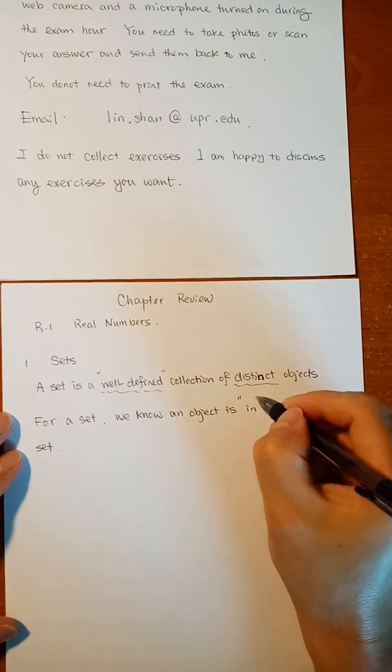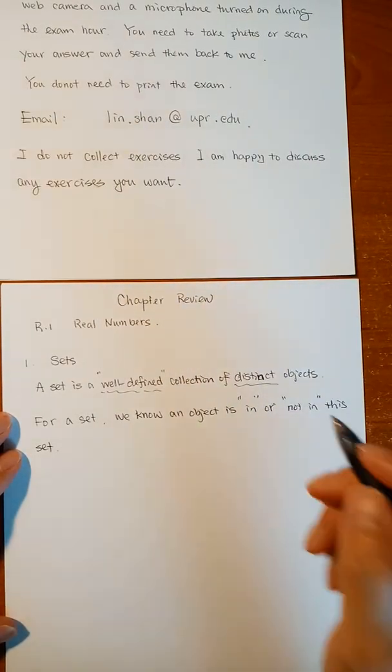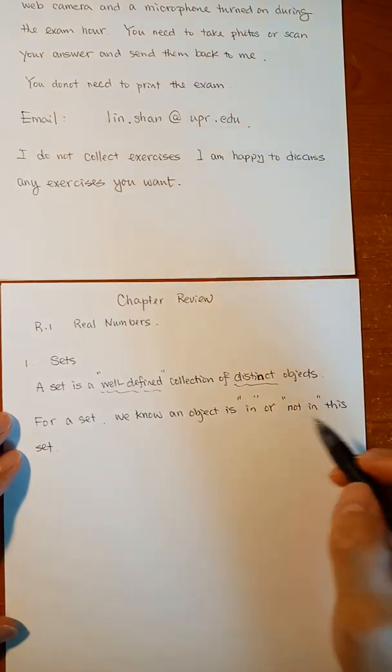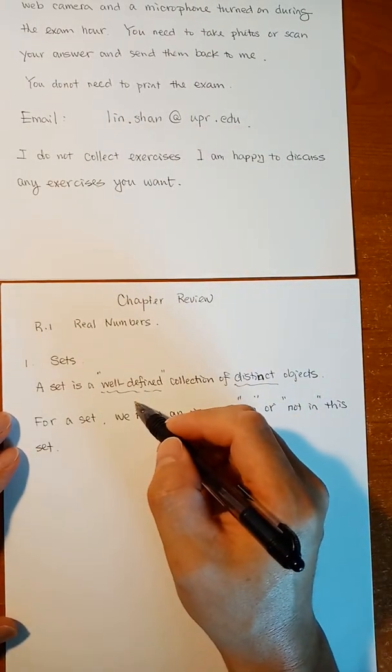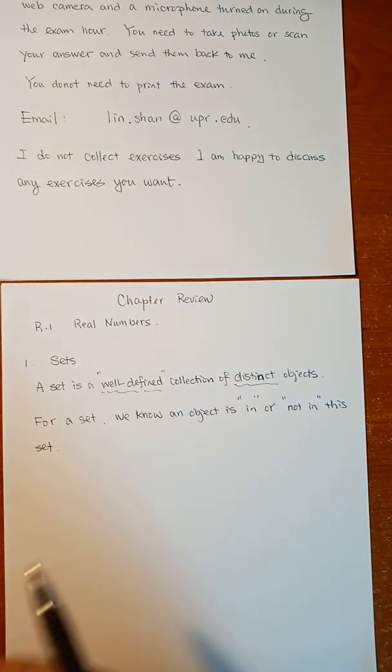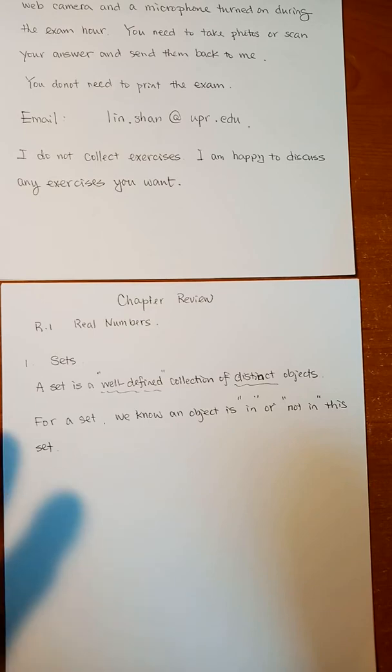There are only two situations for the relation between an object and a set: in or not in. There's no gray area, like saying, I'm not so sure if it is in or not in. That is not possible for a set. You should be clearly sure it is in or it is not in. So that's well-defined.